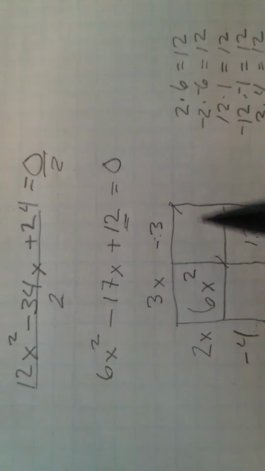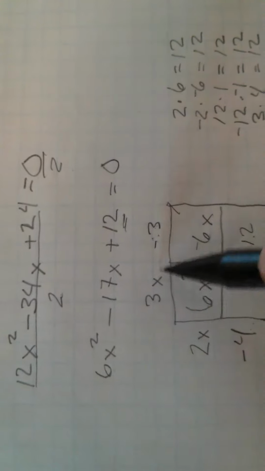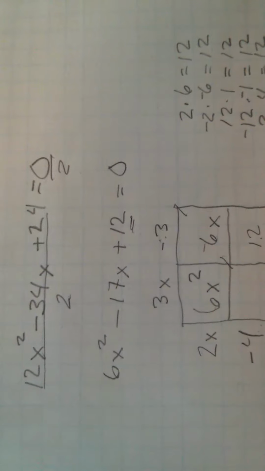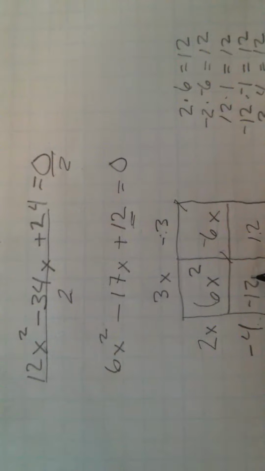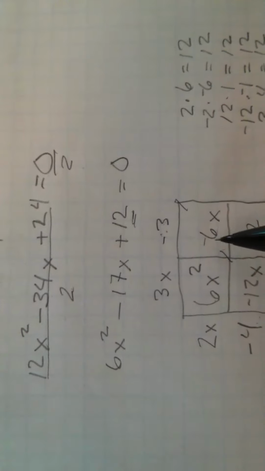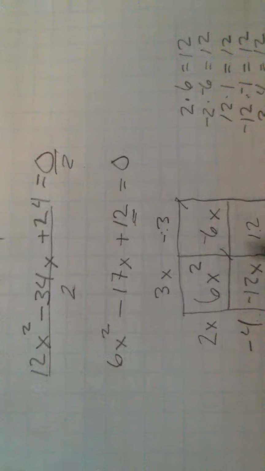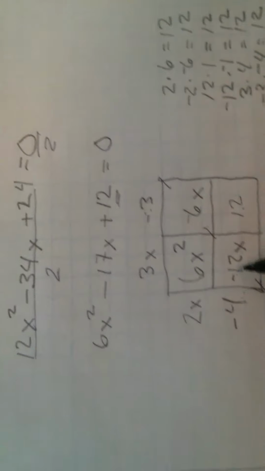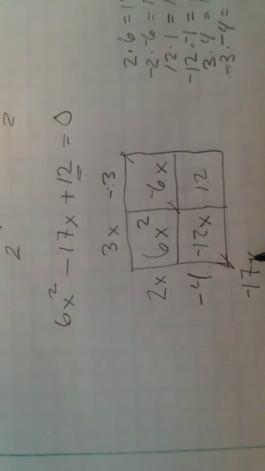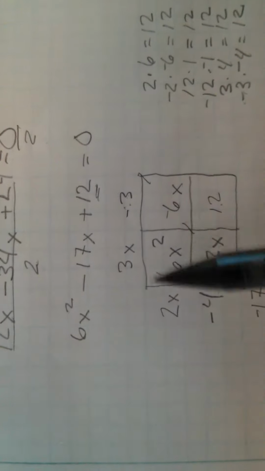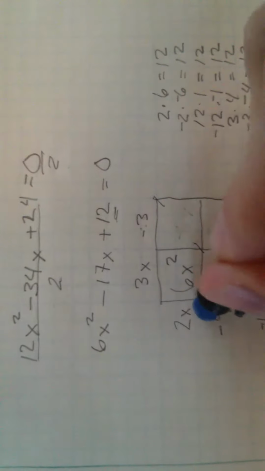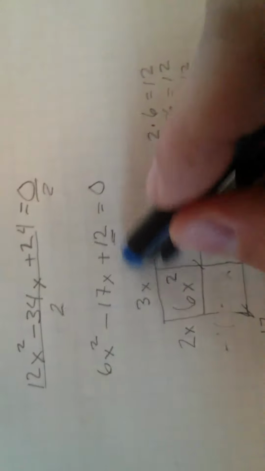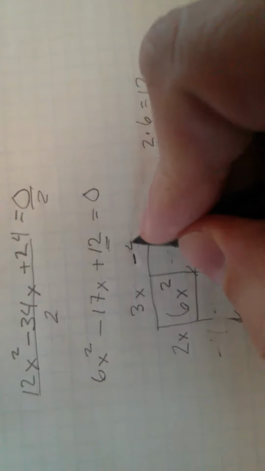So we go -3 times 2x is -6x. 3x times -4 is -12x, and -6 plus -12 is not -17. So that particular combination isn't going to work. So what I have to do is I have to try it in reverse before I move on to the next pair. Okay, -4, -3.